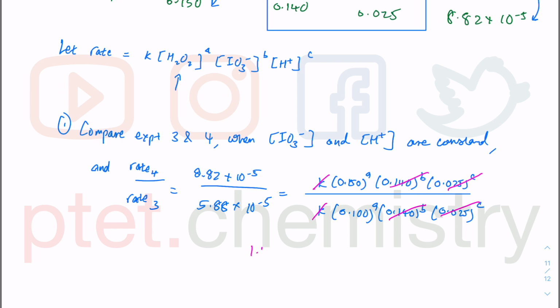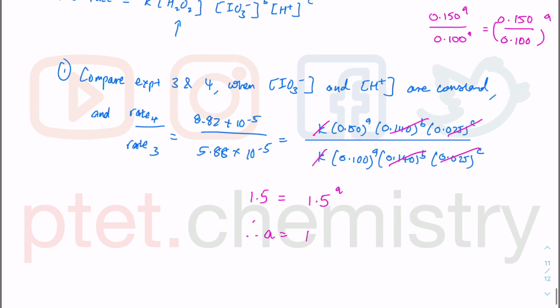So you put that into your calculator, you get 1.5, and then hopefully you can see that 0.150 over 0.100, put the whole thing to the power of A, gives you 1.5 to the power of A. Therefore, A is to the power of 1.